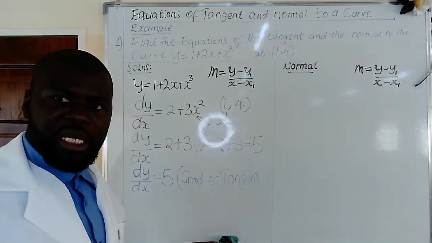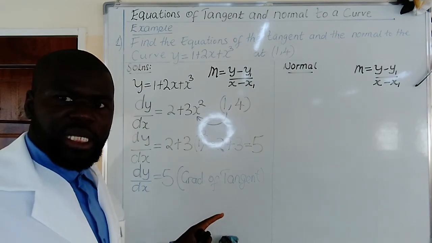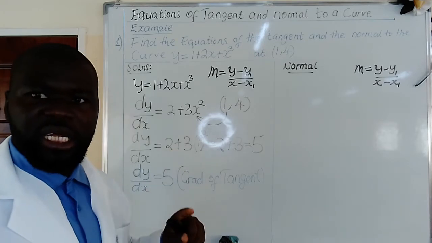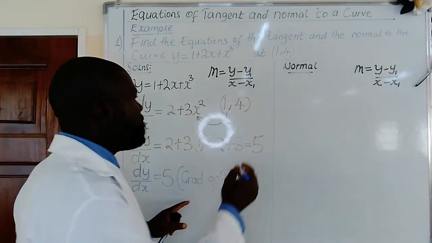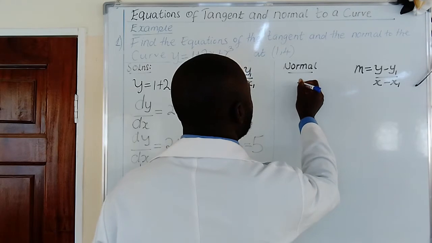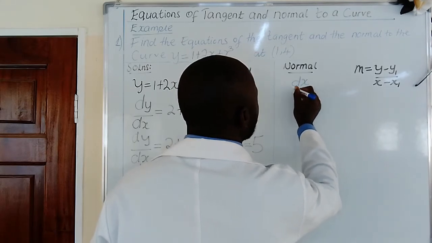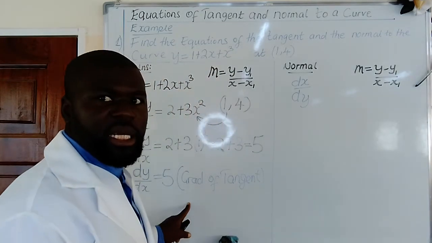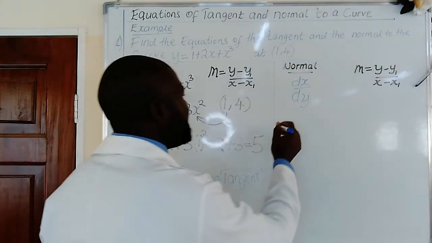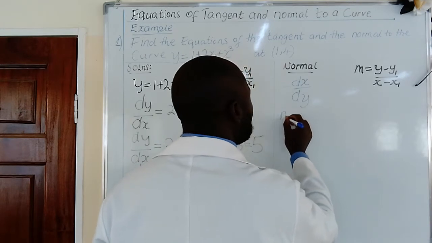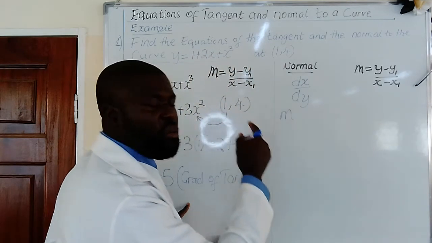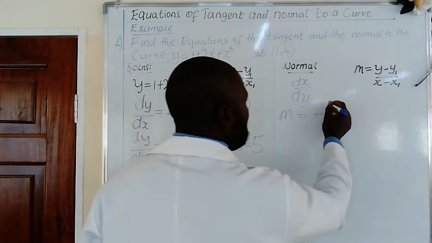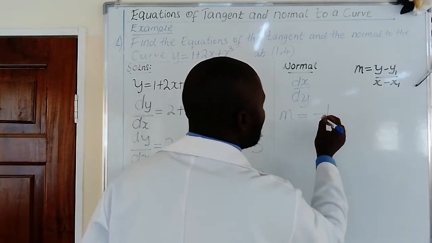So if the gradient of the tangent is 5 as our dy dx, then the gradient of the normal will be negative dx dy, which will mean our gradient, we could call it m, of the normal would be negative 1 over 5.